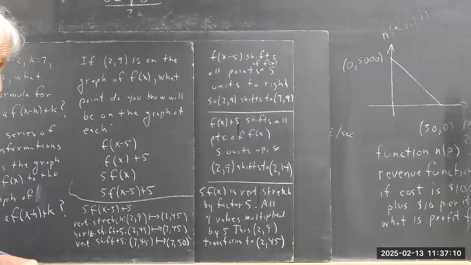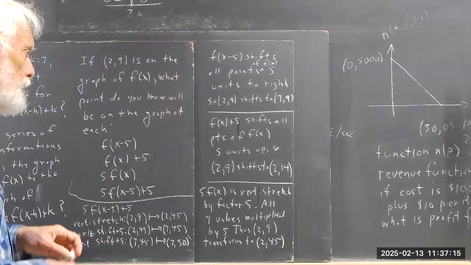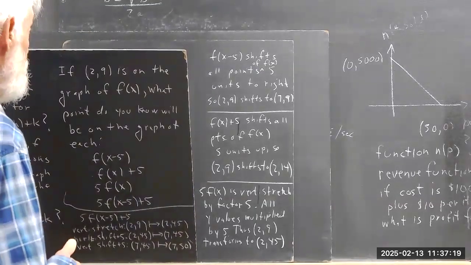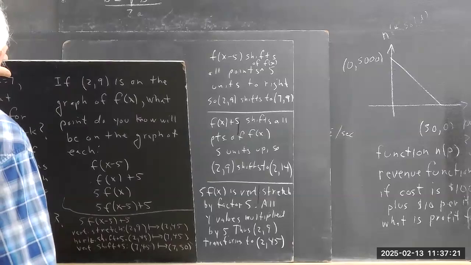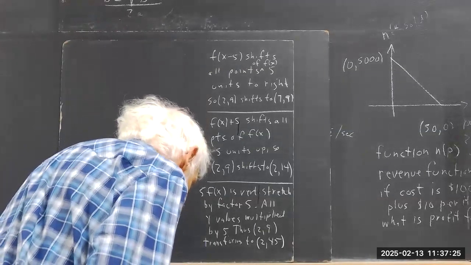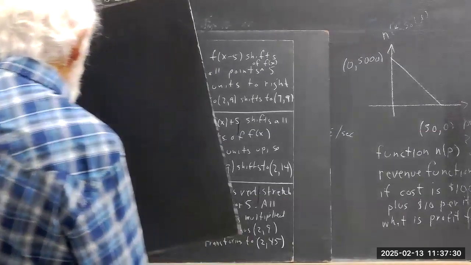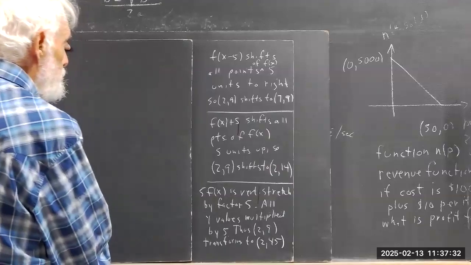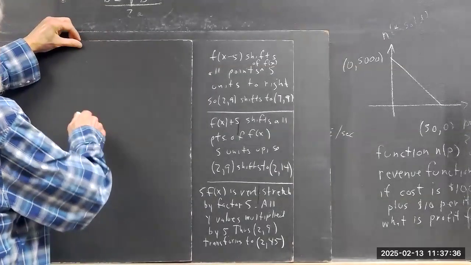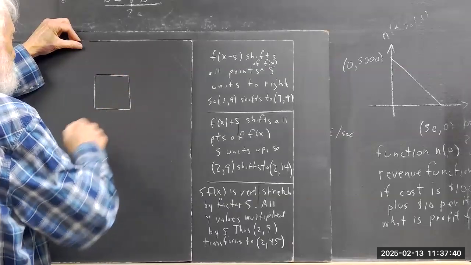So what we've done is we've taken whatever the graph of this function is. Well, I can draw the rectangle in which this function might be expressed. Let's just say we got this function constructed in some rectangle.